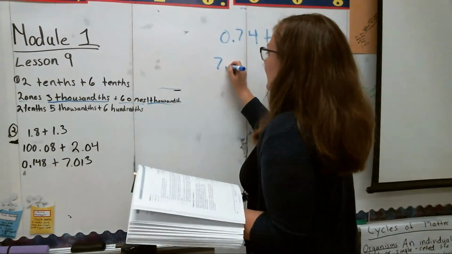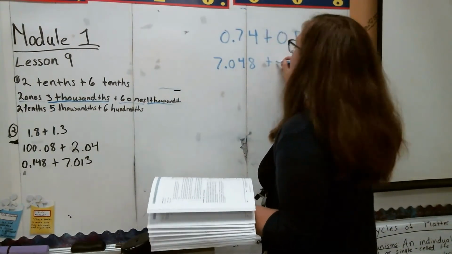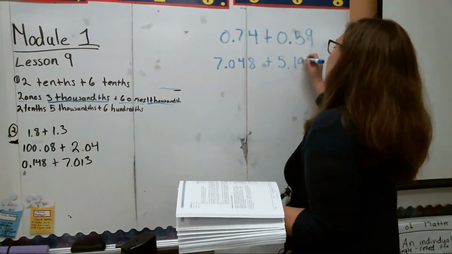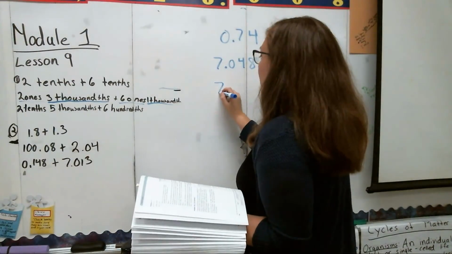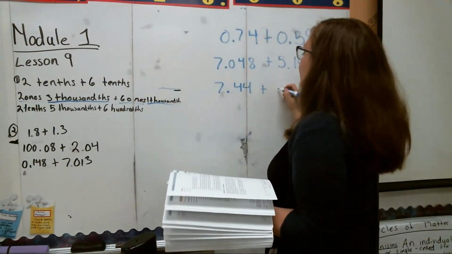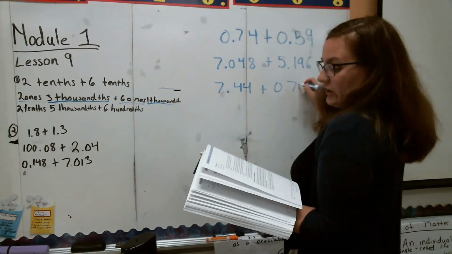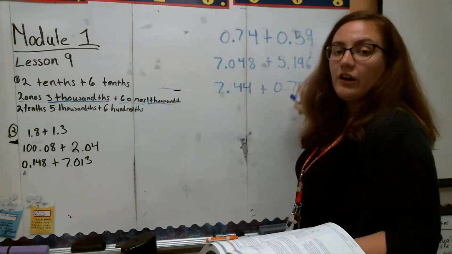Problem 2 will be 7 and 48 thousandths plus 5 and 196 thousandths. And finally, you will solve for 7 and 44 hundredths plus 774 thousandths. You will solve all 3 of these problems.